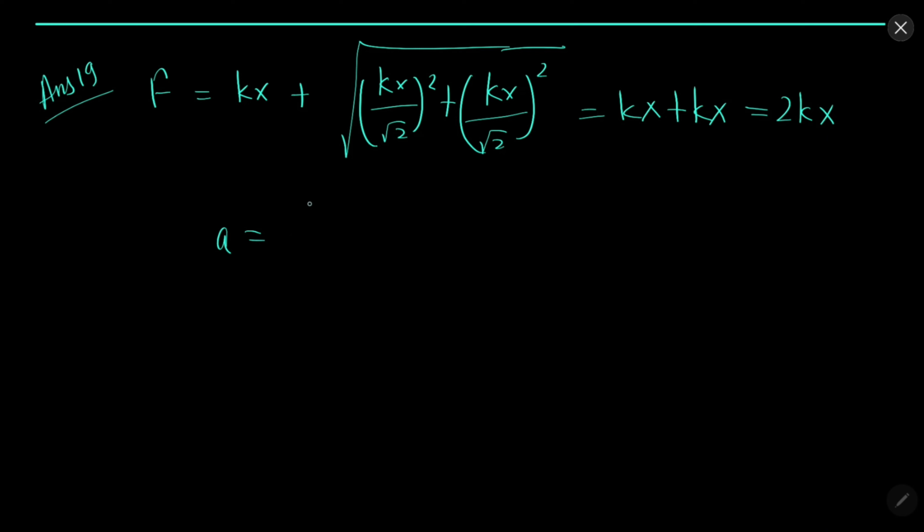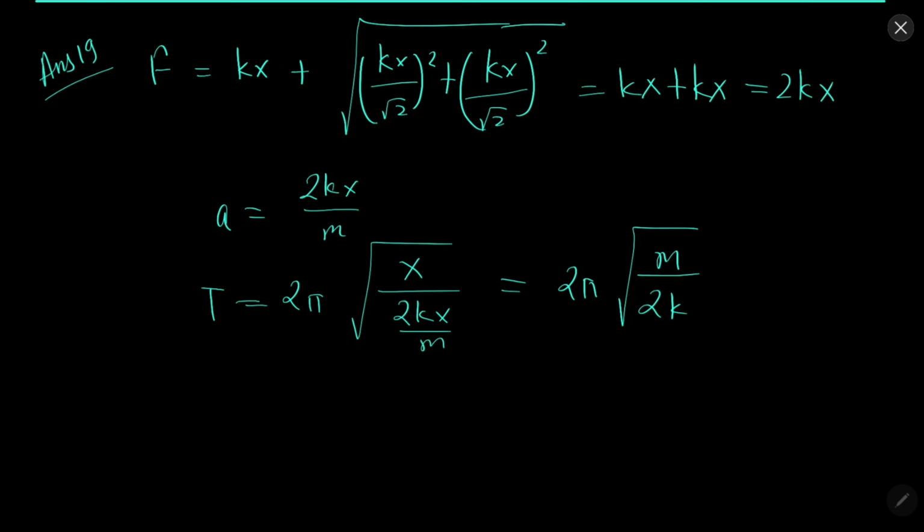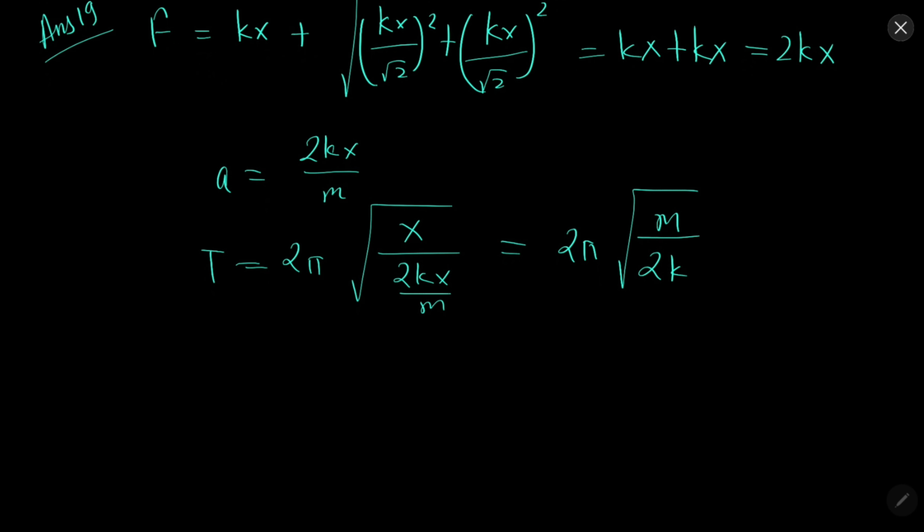So acceleration will be force upon mass, that is 2kx over m. Time period will be 2 pi root x over 2kx over m, so it will be 2 pi root m over 2k.